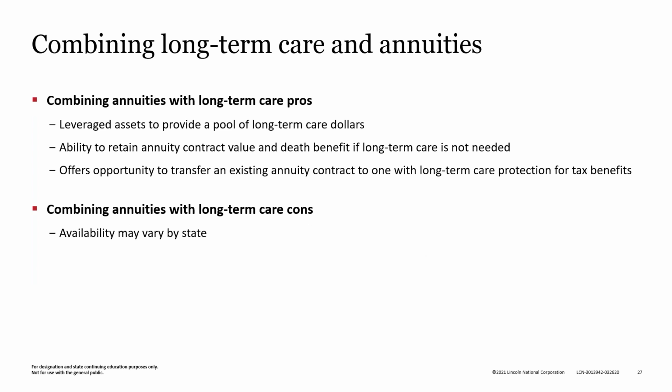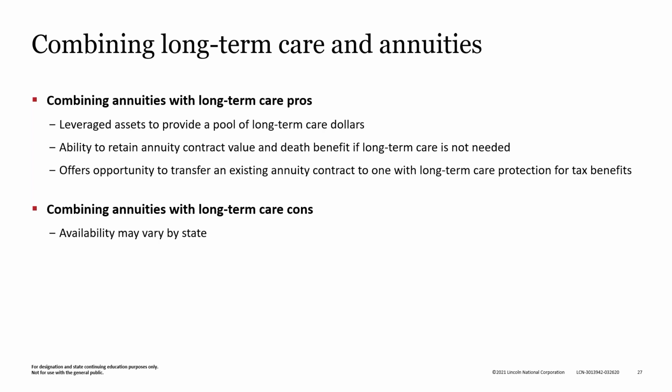There's long-term care annuities, those combination type products. These are great for leveraging assets to provide a pool of long-term care dollars. That ability to retain that annuity contract value and death benefit if long-term care is never needed. An opportunity to transfer, and this is what I like best about these, transfer an existing annuity contract to one with long-term care protection for tax benefits.